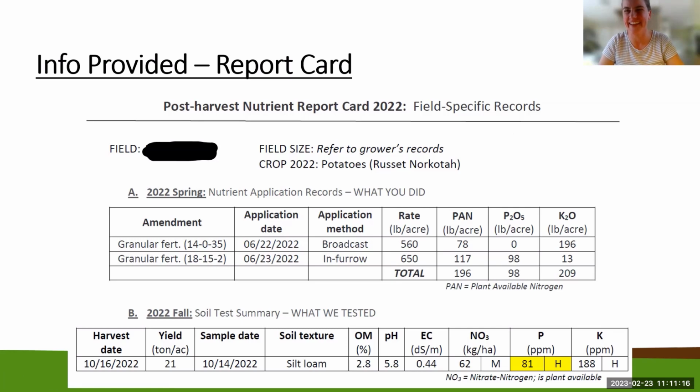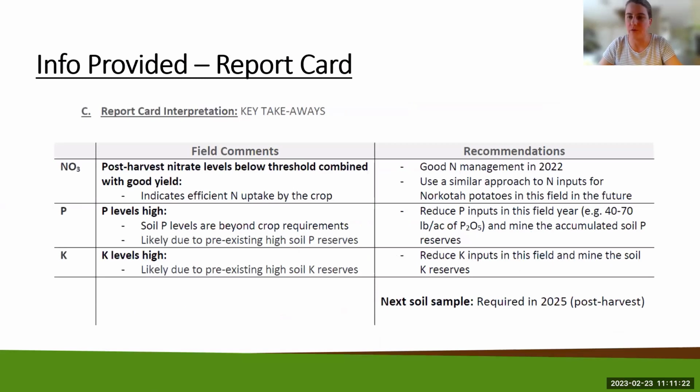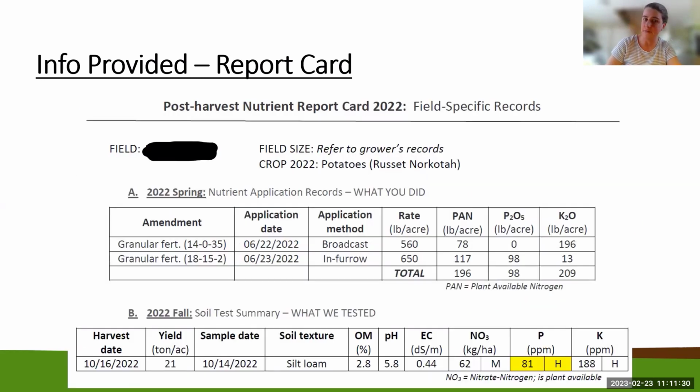Okay, great. Thanks, Shabtai. So the next part of my report, the last bit, is a table of actual interpretation, adding some commentary to that interpretation. I have taken this information about what was put onto the fields, what yield happened there, what happened with some of the nutrients.